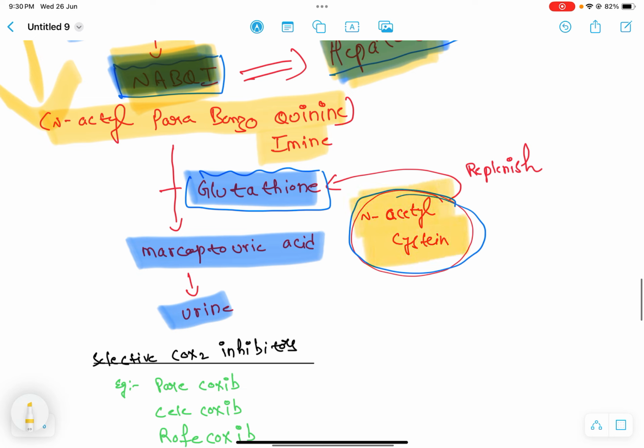This N-acetylcysteine will again increase the glutathione, and it causes the metabolism of NAPQI into mercapturic acid, and it will be secreted in the urine.